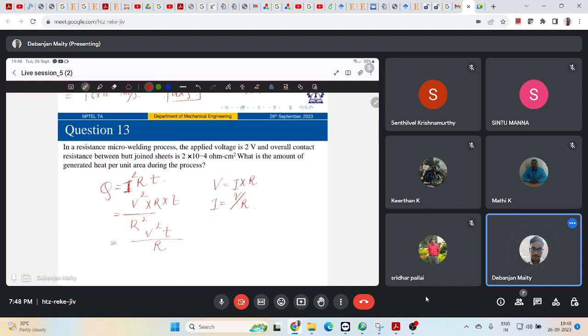Now it asks what is the amount of heat generated per unit area during the process. Also, time is not provided here. Okay, heat per unit area, we can take per unit time.